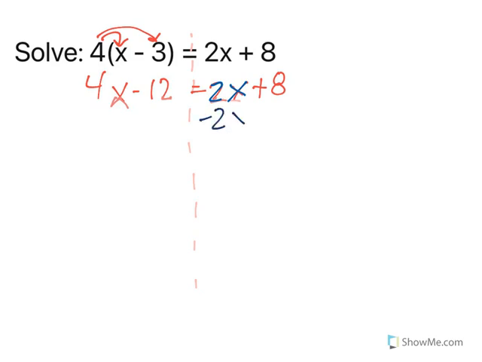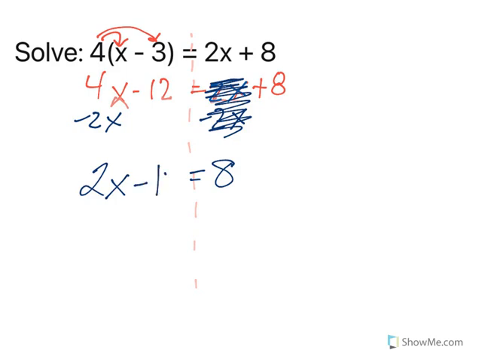Well, I just take them away, right? So I'm going to subtract 2x from both sides. Because again, I'm creating a new step here. So on the right, the 2x's will go away, and I am left with just a positive 8. On the left side, I've got 4x minus 2x, which is 2x, and then I still have a minus 12.